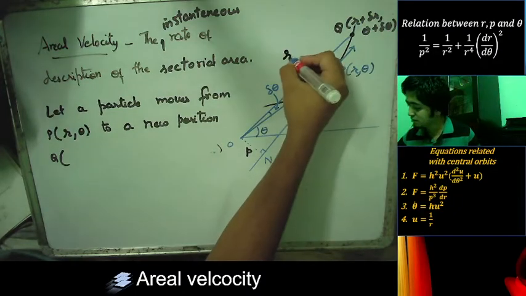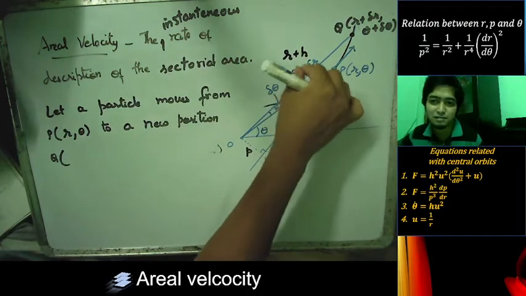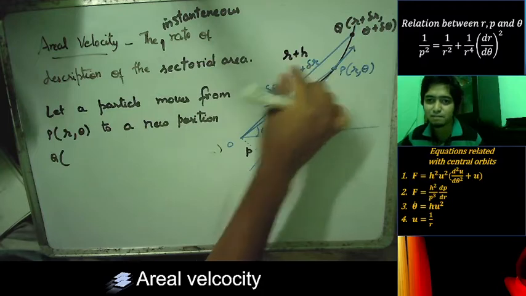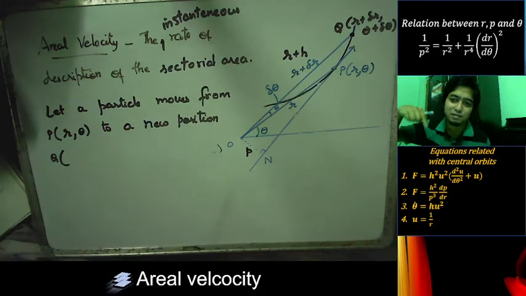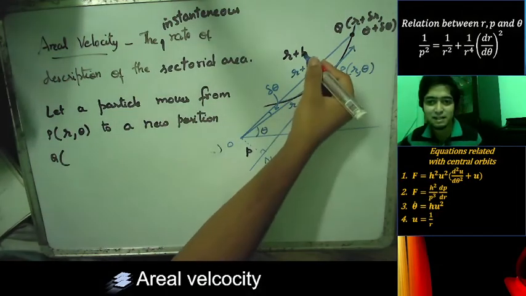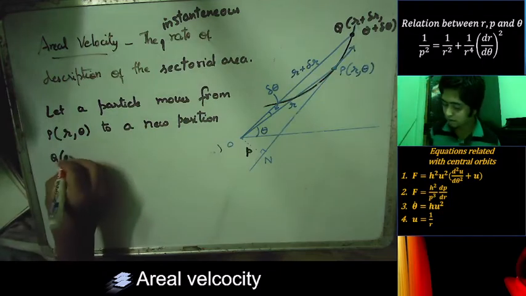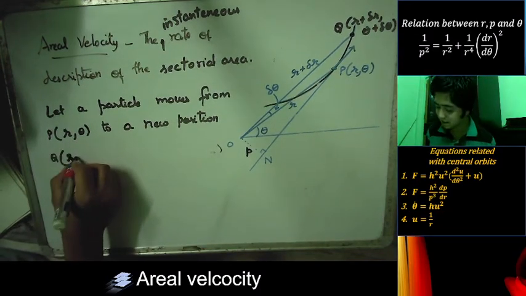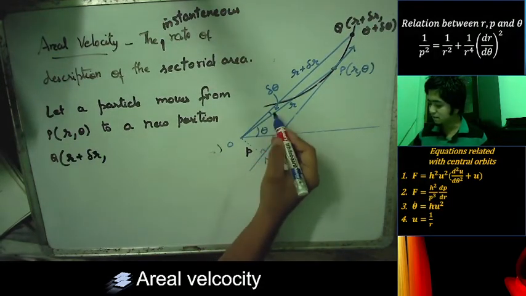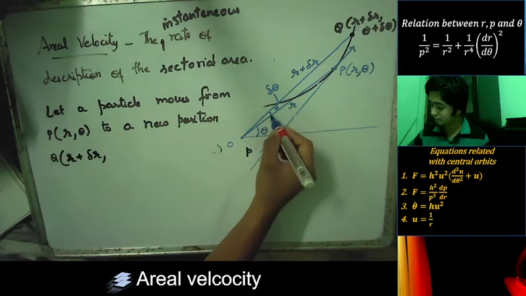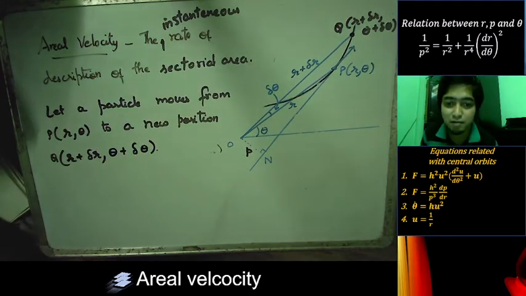We can easily write this as r plus h, but it is best to use delta r, just to keep the notation simpler. Otherwise we will be confused. What is h? Also, we have already used something for h. If we use other letters it will also be confusing, so that's why we are using delta r. Since the radius vector has changed by an amount delta r, similarly theta has changed from P to Q. So if this is theta for P, then for Q it will be theta plus delta theta. So I hope that is clear.